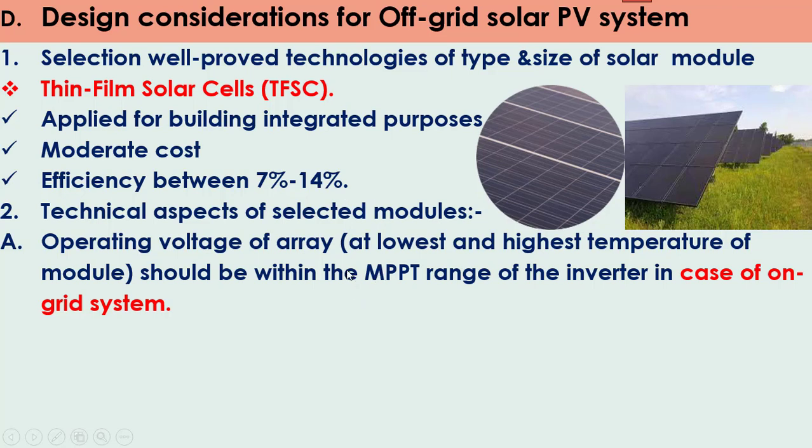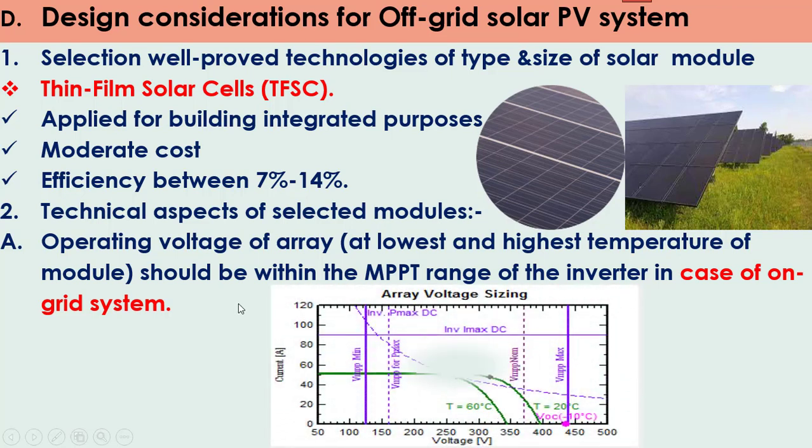We must concentrate on this expression: the operating voltage of the array at the lowest and highest temperature of the modules or the string should be within the maximum power point tracking range of the inverter in the case of an on-grid system. So what's the difference with an off-grid system? This will be discussed later.